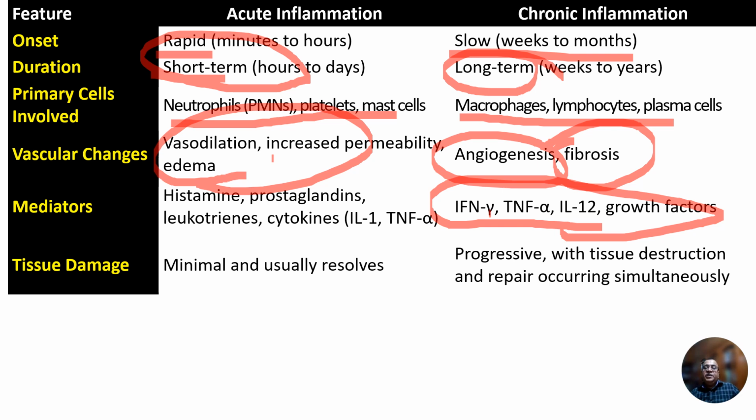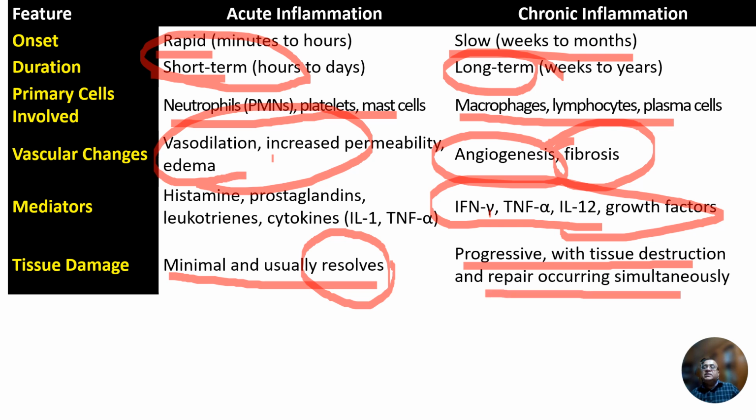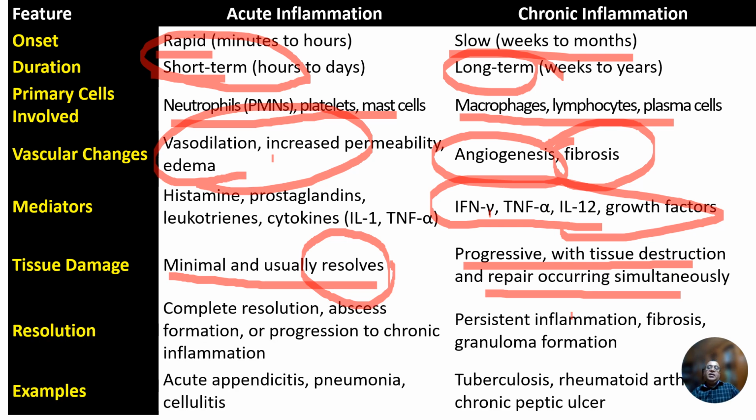In acute inflammation, the tissue damage is minimal and usually it is resolved, while in chronic inflammation, there is progressive destruction of the tissue and simultaneous attempt at repair. Then the acute one resolves completely.